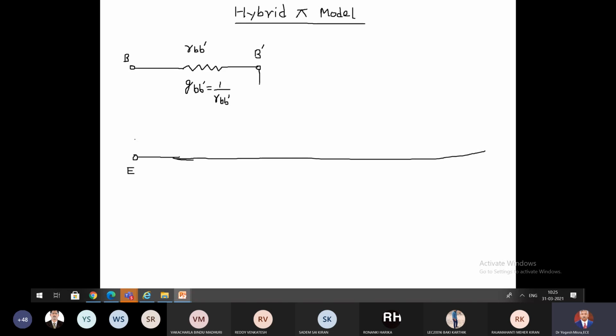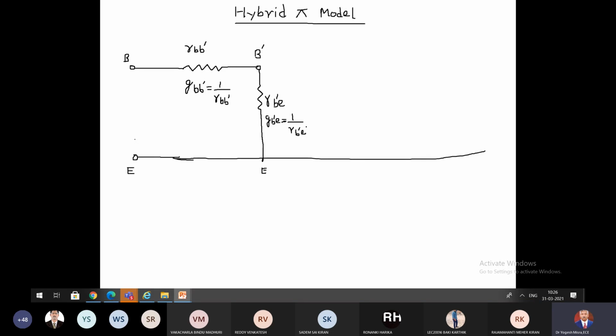Here we have one resistance. This is your E, and this resistance is RB dash E. This can also be written in terms of conductance, like GB dash E is equal to 1 by RB dash E.